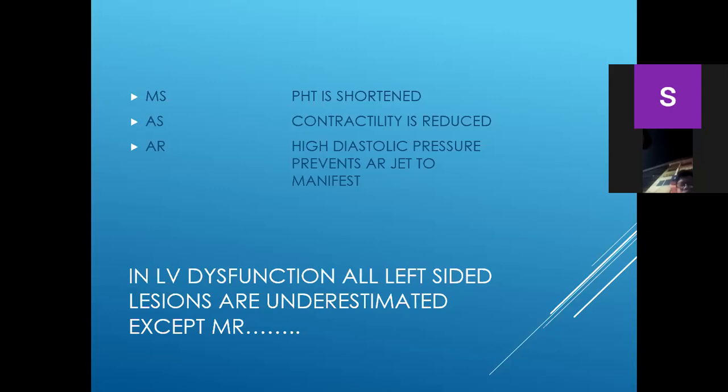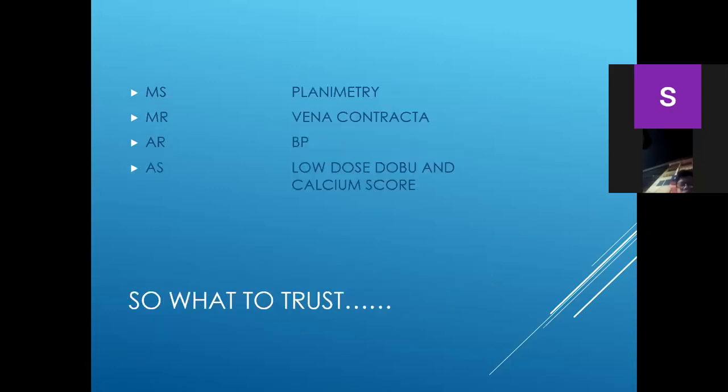Now comes the problem of what to trust when you have to assess. Whenever there is interaction between two valves, in mitral stenosis, if you have to trust something, close your eyes and trust planimetry.